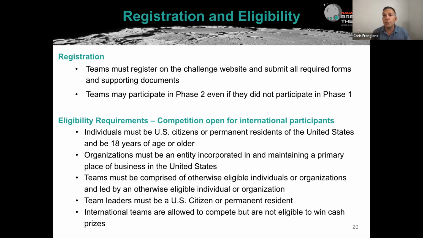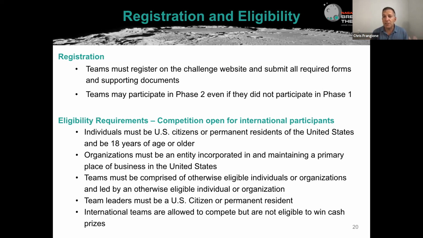Then that gets us to who's eligible. As an individual, you must be a US citizen or a permanent resident of the United States, and you must be 18 years of age or older. We cannot have any minors participate in our challenges. As an organization, you must be an entity incorporated and maintaining a place of business in the United States.